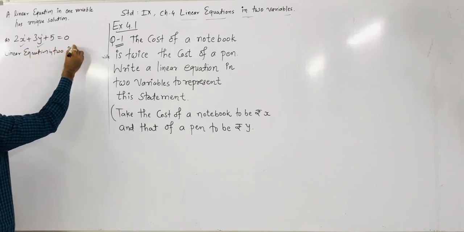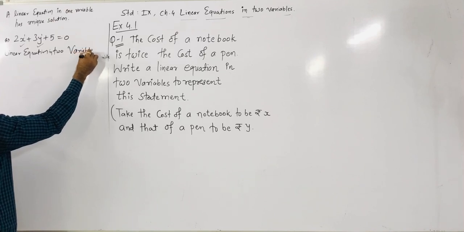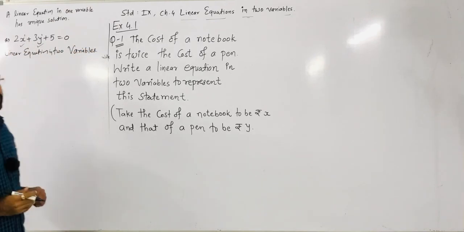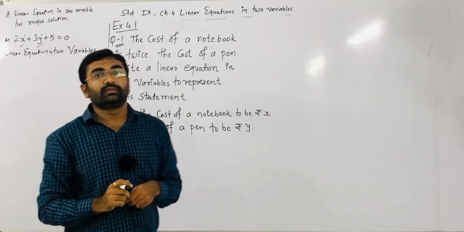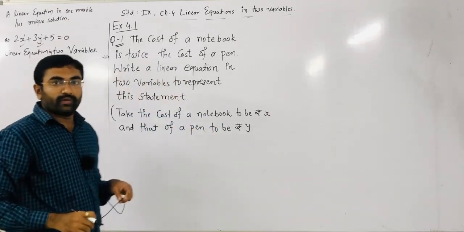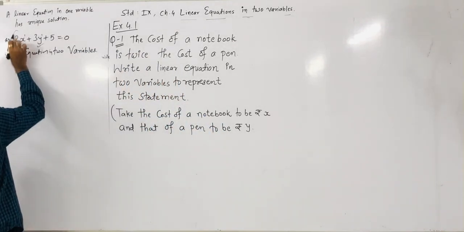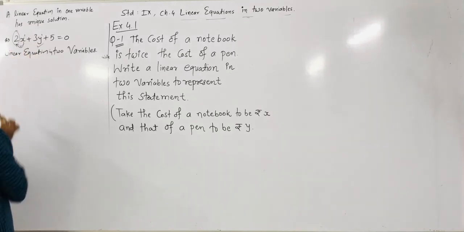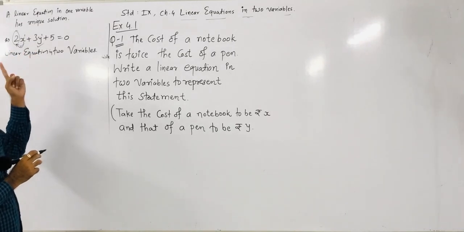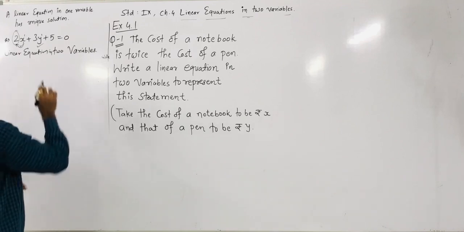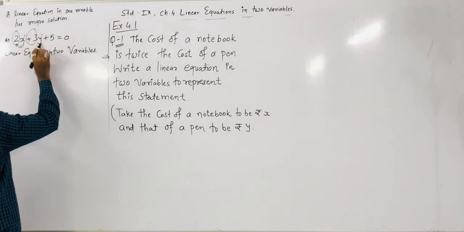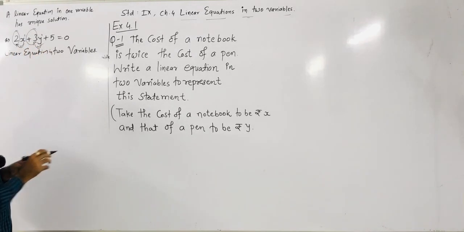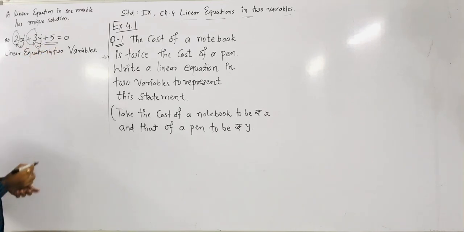Right? Now, suppose I want to write the general form of that linear equation in two variables. So how can we define it? See, this 2 is called the coefficient of x. The plus 3 is called the coefficient of y. And the last term is called the constant term.